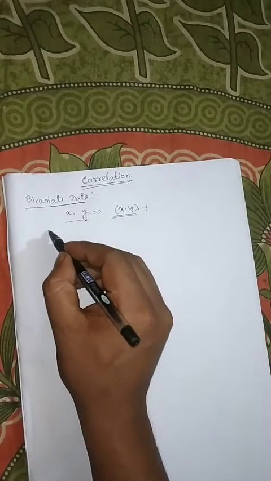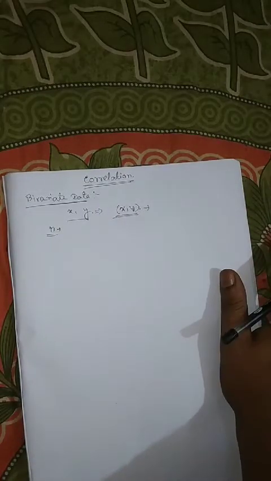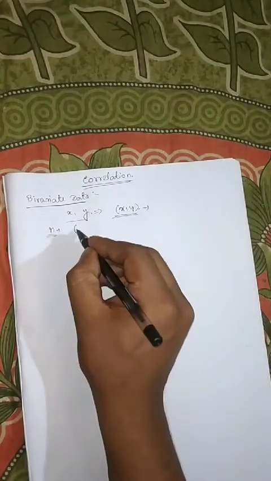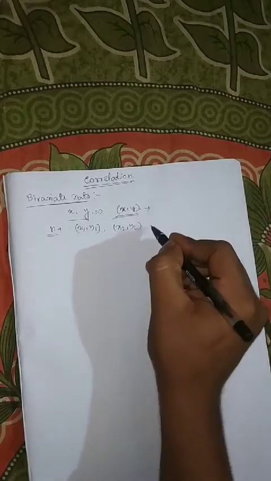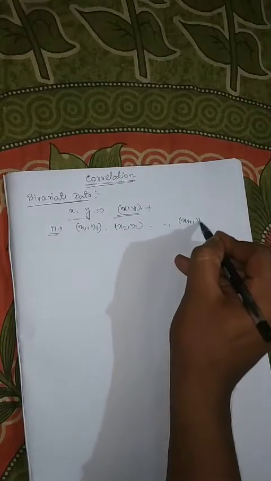So if there are n observations for which we have to collect the two characters, then the data will be in this form: x1 y1, x2 y2, up to xn yn.